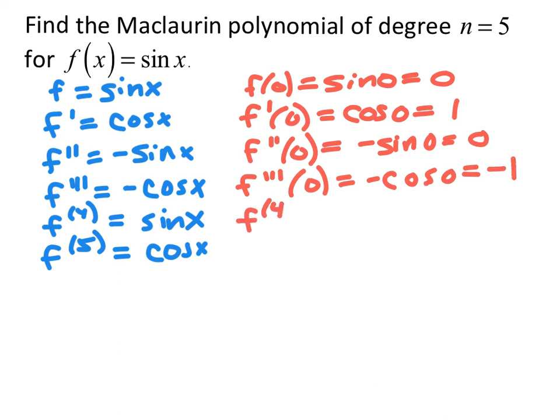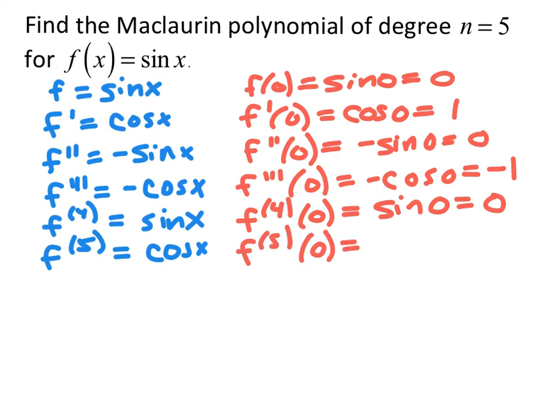The fourth derivative evaluated at 0 is sine of 0, which goes back to 0. And the fifth derivative evaluated at 0 is cosine of 0, which is equal to 1. So with your sine and cosines, you're always going to see a pattern where it's very cyclical, where it goes in a cycle, in a circle. Every 4 derivatives, of course, they just start repeating each other over in the cycle again, because that's how the derivatives of sine and cosine work.